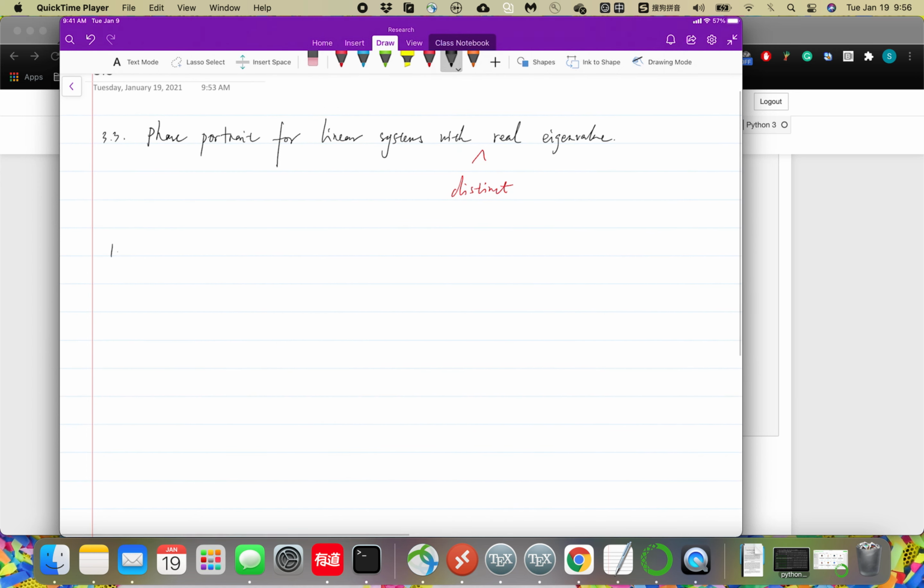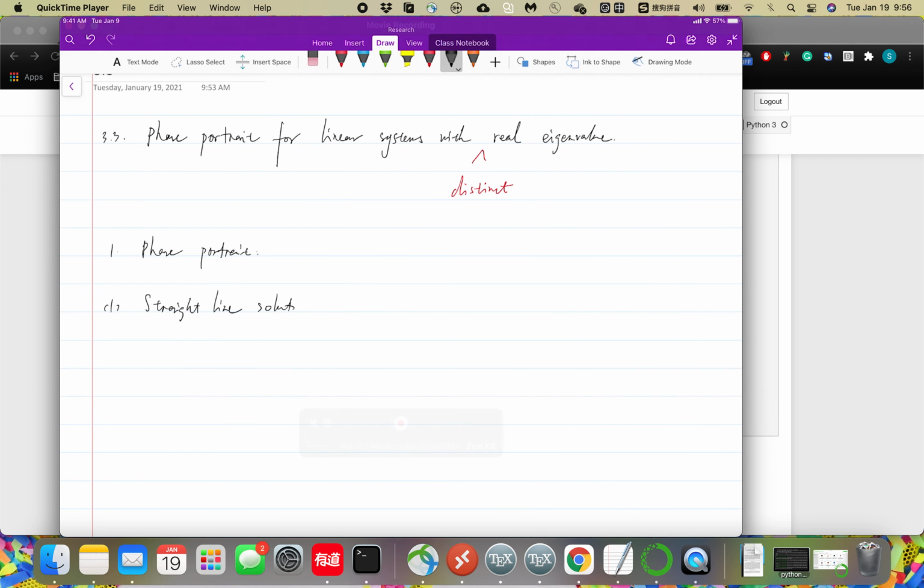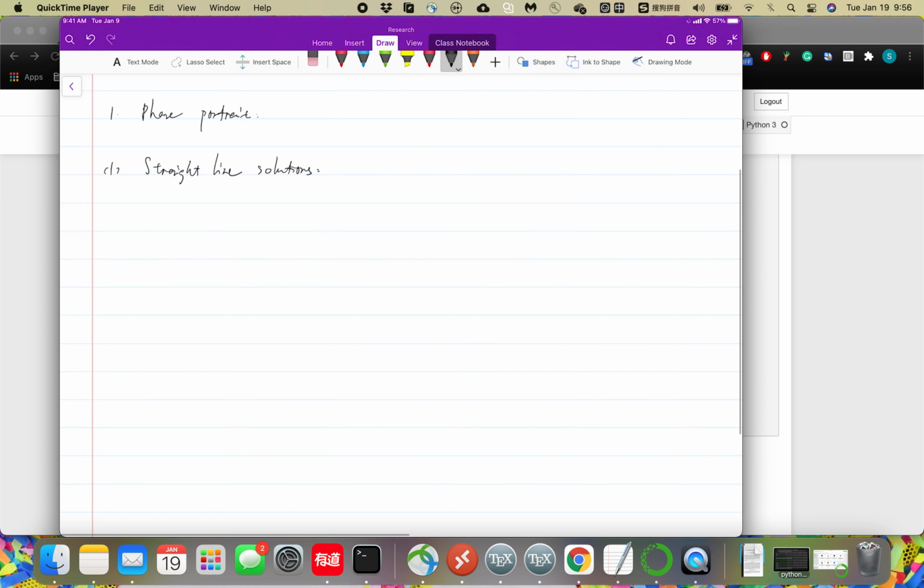So basically last time we talked about linear systems with two real eigenvalues. We know we are going to have exactly two straight line solutions. Okay, so the first thing we have is a straight line solution, which looks like e to the lambda t times a vector.